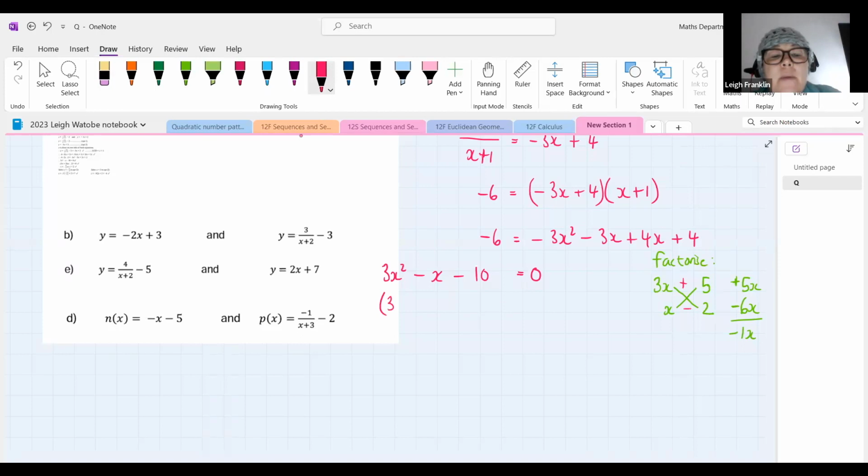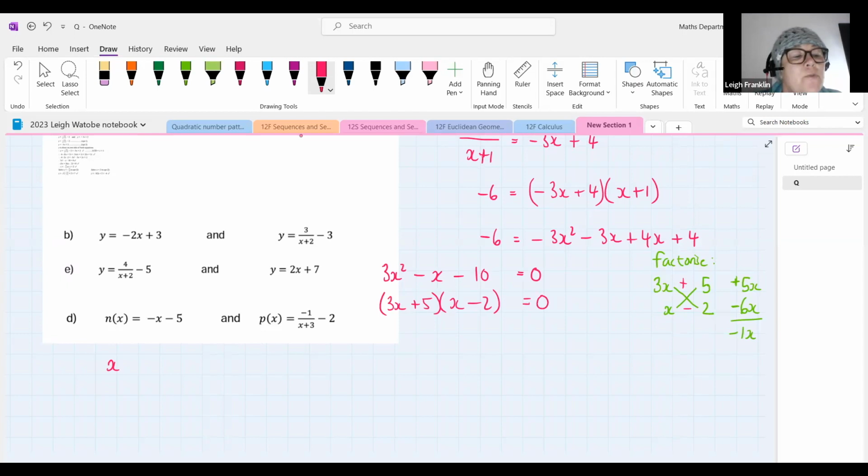So we would end up with (3x + 5)(x - 2), and then I can do a quick check using FOIL. So 3x squared minus 6x plus 5x gives me minus 1x, and positive 5 times negative 2 gives me negative 10. If factorizing does not float your boat, then you can use the quadratic formula.